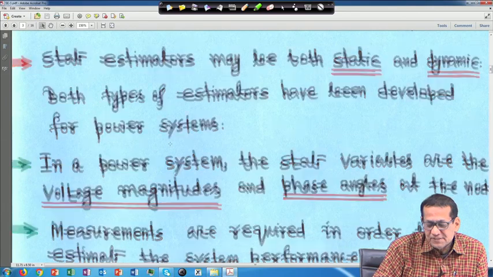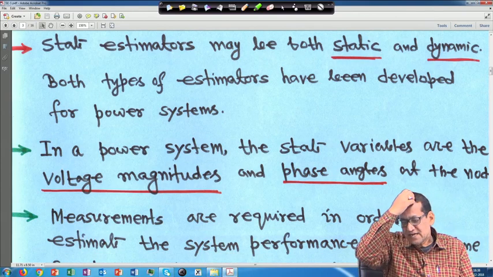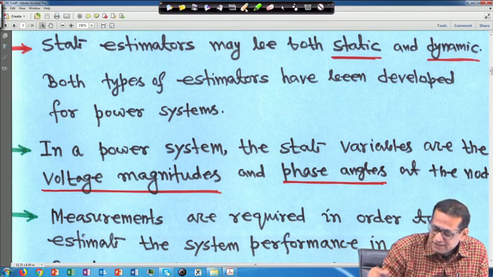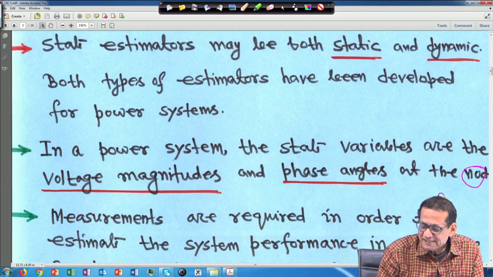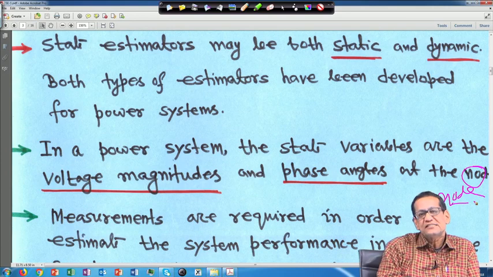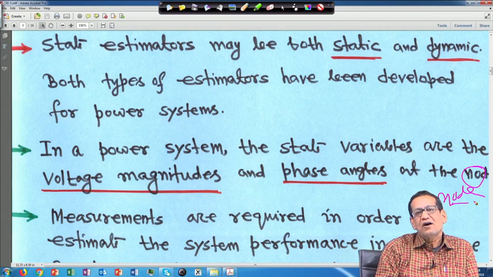In a power system, the state variables are the voltage magnitudes and phase angles at the node, or bus. Basically it is not only the voltage magnitude and phase angles, but also the power, the megawatt real power, the reactive power in megavar, or the MVA, megavolt ampere, or the transformer tap changer settings.